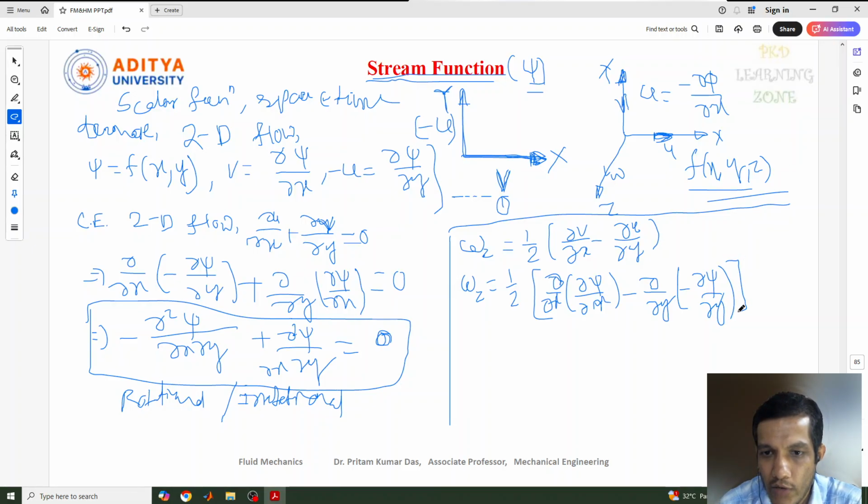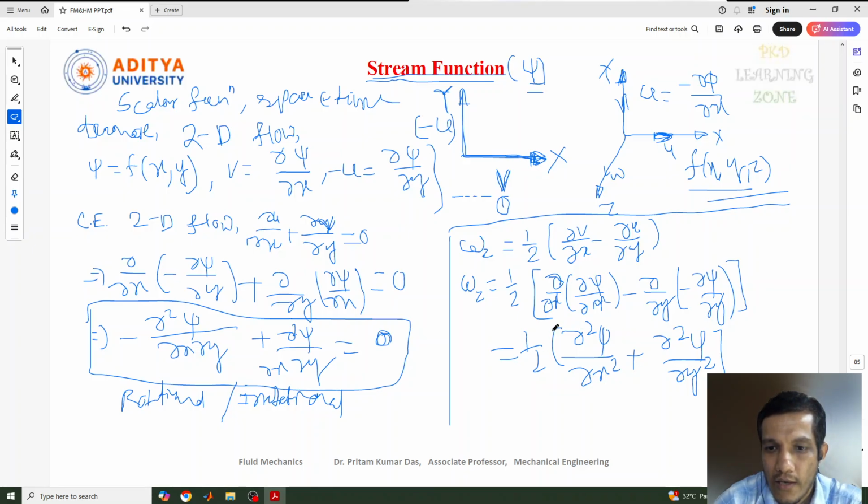If you resolve this, we will get 1 by 2 into del square psi by del x square plus del square psi by del y square. This is the equation we are going to get for the rotational component.